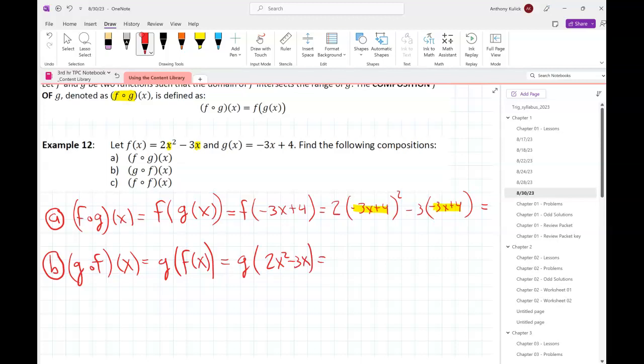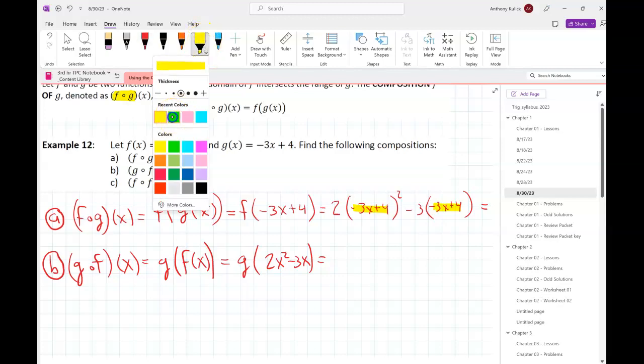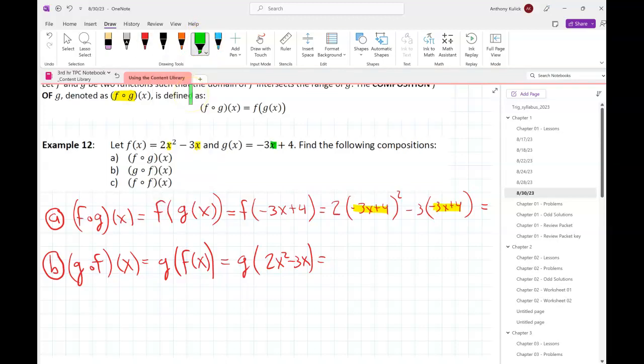So if I want to do g of 2x squared minus 3x, everywhere in g I had an x, I'm going to replace with 2x squared minus 3x. So I still have my negative 3, then I have my 2x squared minus 3x, and then I have my plus 4. Everybody okay here?